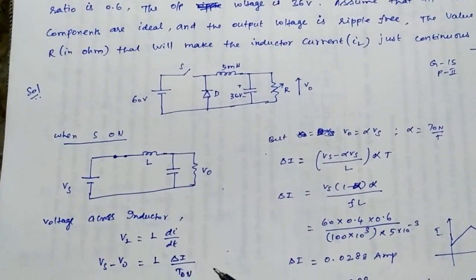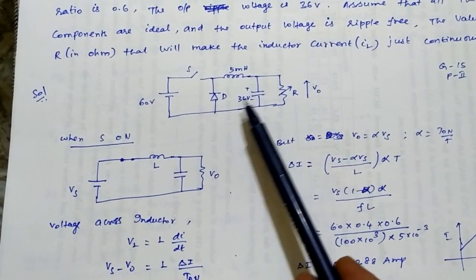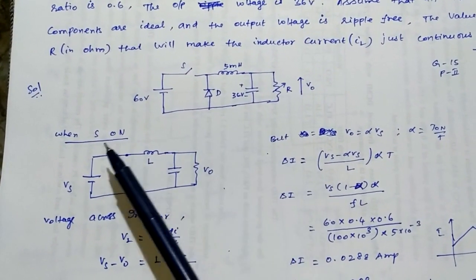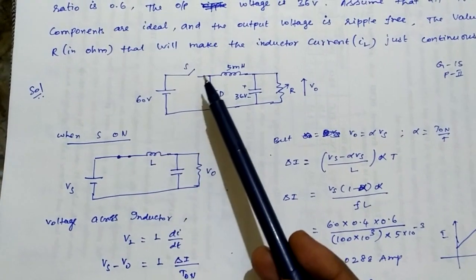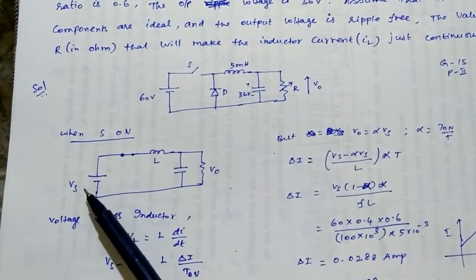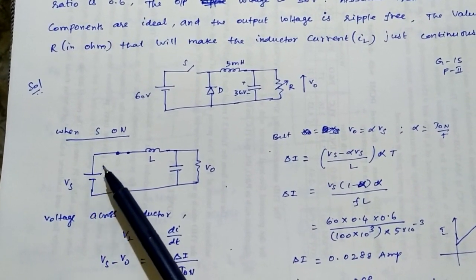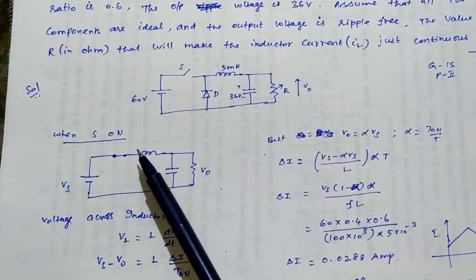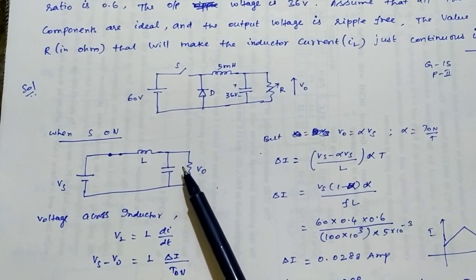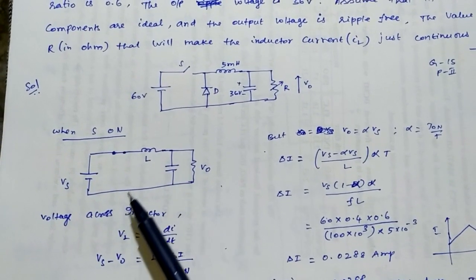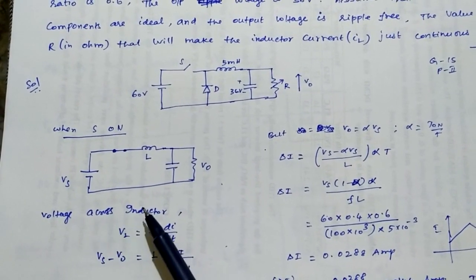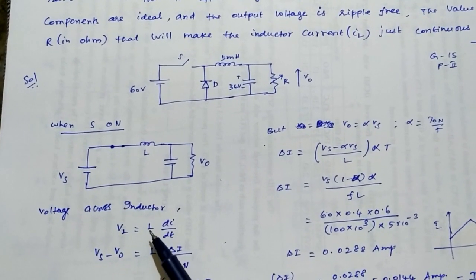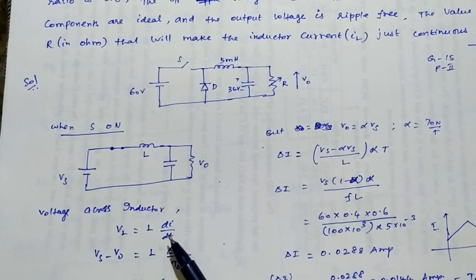So let us quickly recall the operation of this buck converter. When the switch S is on, the current from the supply voltage goes through the inductor and flows through the load. The voltage across the inductor is L into di by dt.